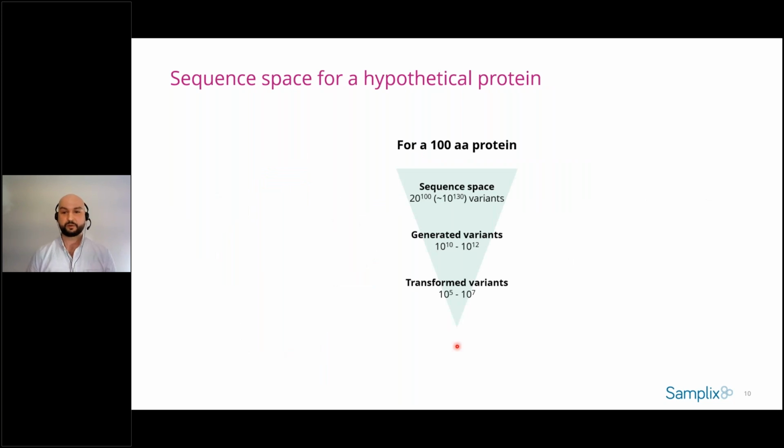So let's explore the vast sequence space and why we need to increase the throughput in screening. Let's imagine a hypothetical protein consisting of 100 amino acids. We know that the building blocks of proteins are amino acids.